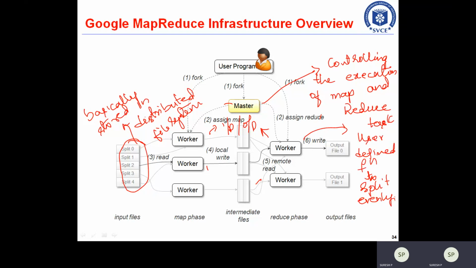The locations of these places are notified to the master process, which forwards this information to the reduce task. So the reduce task is able to collect the required input via remote procedure call.